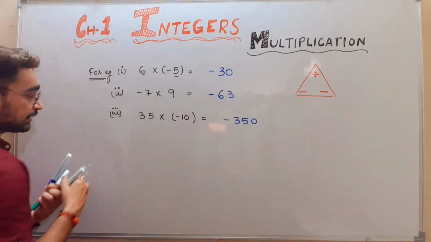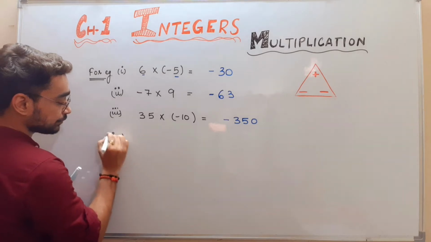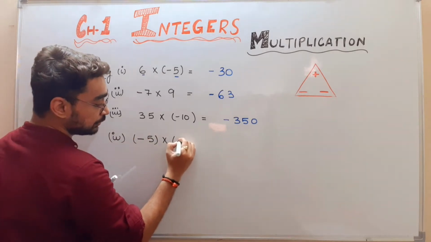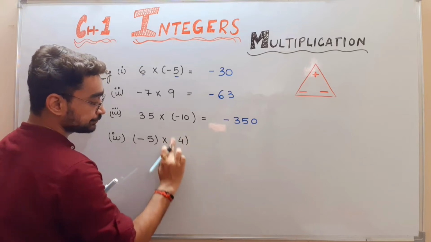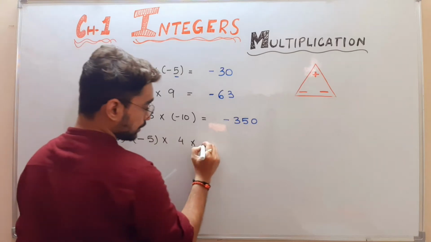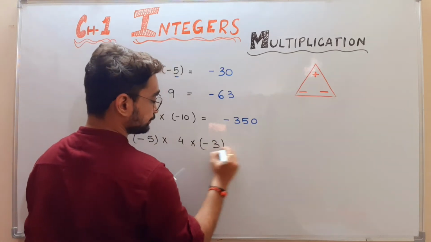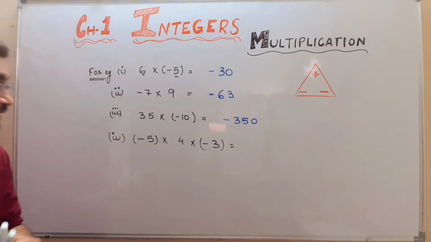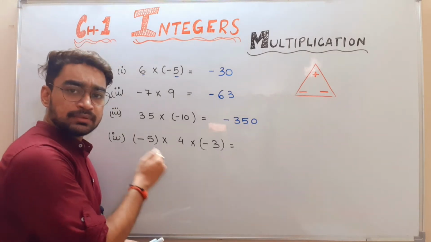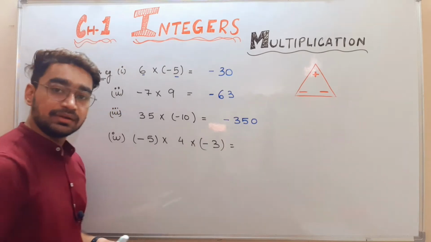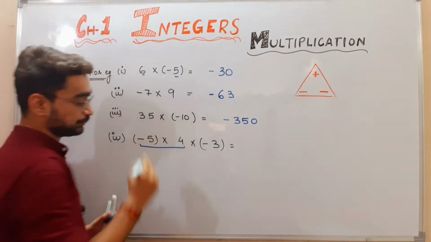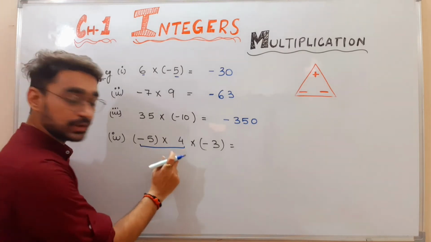If I am writing minus 5 into 4 into minus 3, what will be the answer? In this case, as there are 3 numbers, or it might be possible that more than 3 numbers will come in the multiplication, what I will do first is multiply these two. 5 fours are 20.